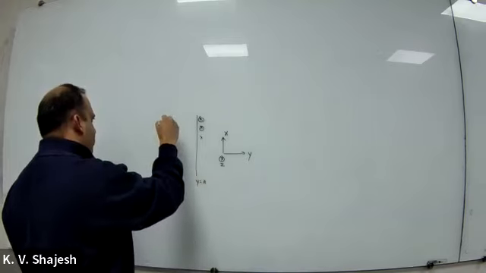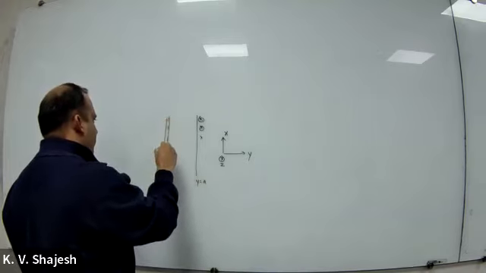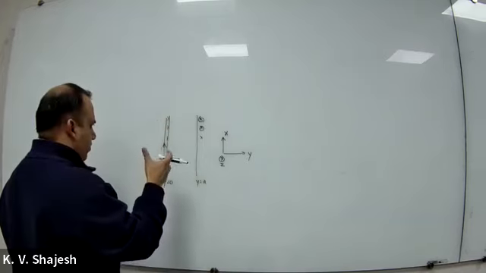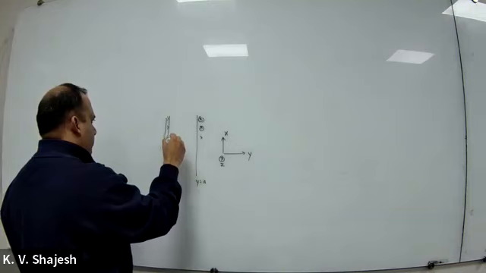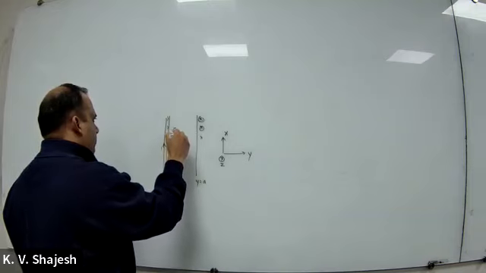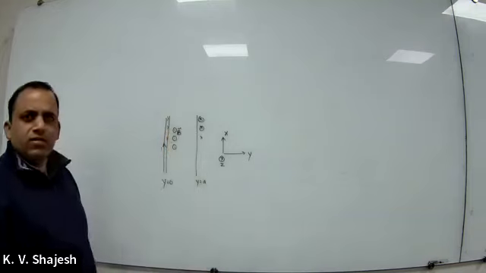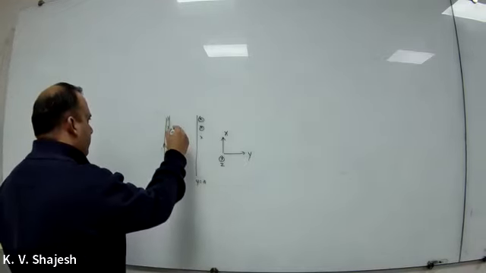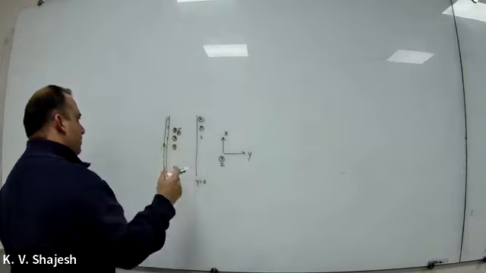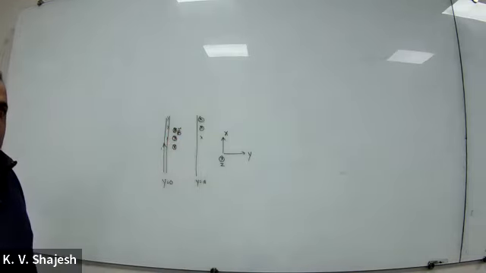Current flowing in this direction, so I will have a magnetic field. Look at the other way. Look inside. Oh, yeah, z. Magnetic field, yeah, and y.